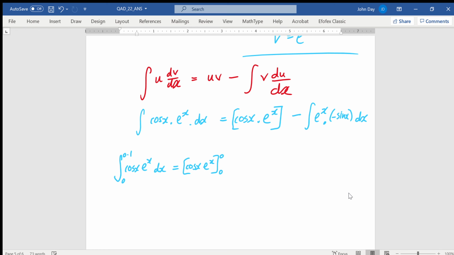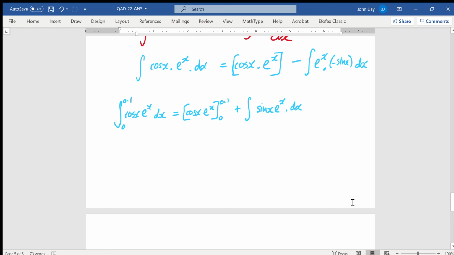So that goes from 0 to 0.1 plus integral of, and now we've got sine x e to the x dx. And I'm going to have to do an integration by parts within an integration by parts. So let's go a different coloured pen. Let's go a green. And I'm going to just take on this guy here.